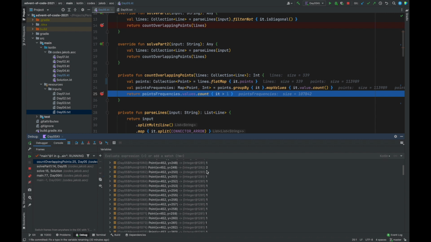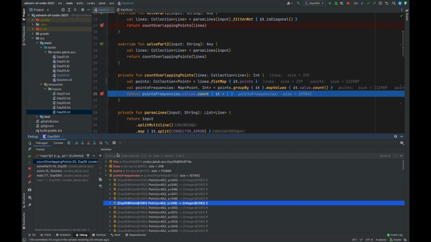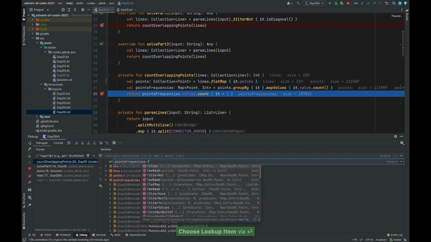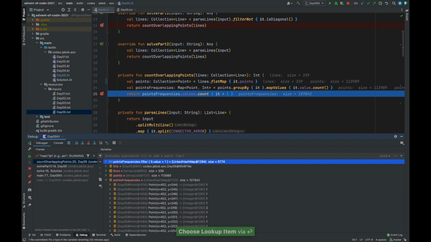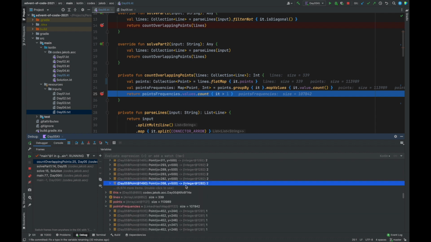While at others we see there are some more that do overlap. So for instance, now if we would say point frequencies filter its dot value is larger than 1, we would get from 100,000 to 5,000, which are the ones that are more.